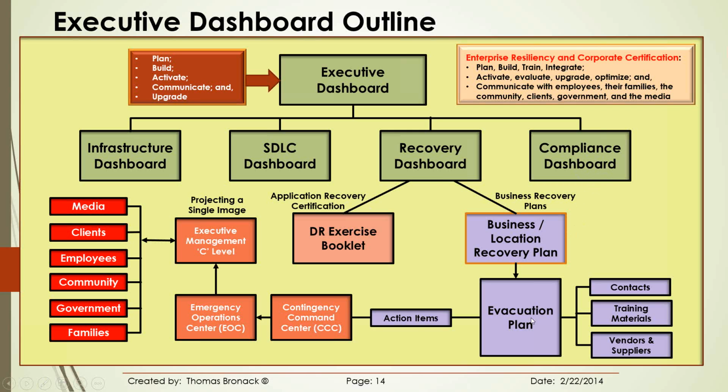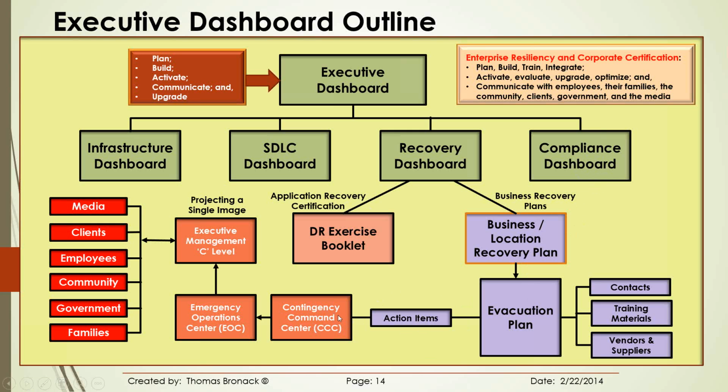For any kind of recovery, including evacuation plans, sometimes problems arise. When a problem arises and an action item is generated, it's passed on to Contingency Command Center, and they're in charge of all the active disaster recovery events, either in testing or actual activities or real events. And there could be many at one time.